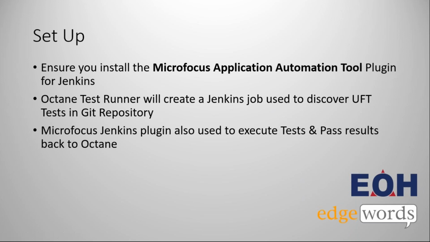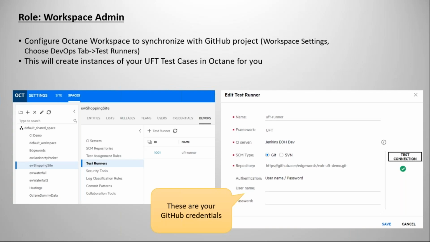And if it finds UFT tests, it will create instances of those in Octane automatically for me. So it's automatically discovering my UFT tests. I don't have to go and create them in Octane. It also allows me to execute those tests through Jenkins and also pass the results back to Octane from Jenkins, whether those tests passed or failed. So it's doing a lot of the integration automatically for me.